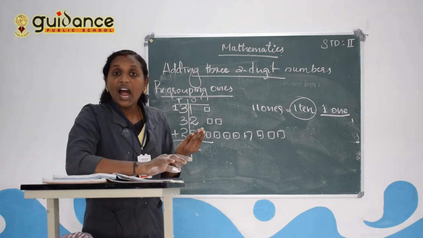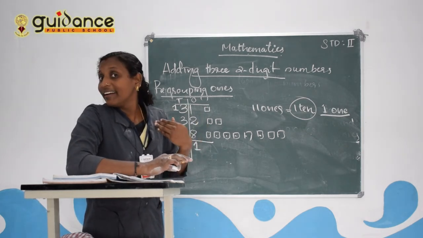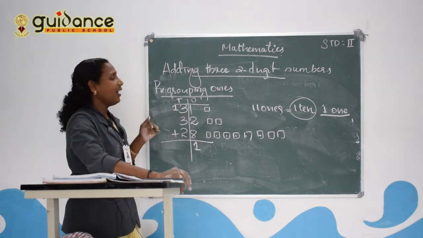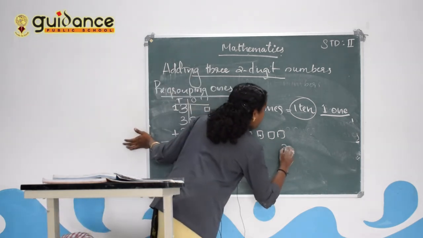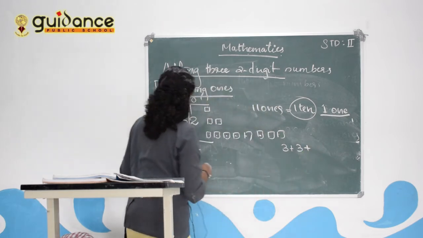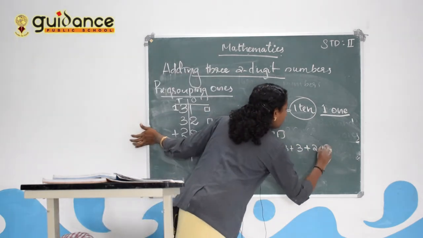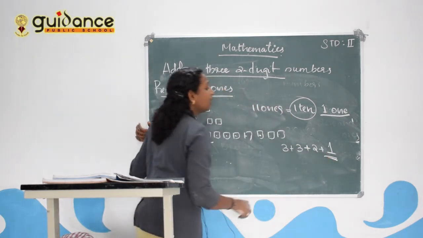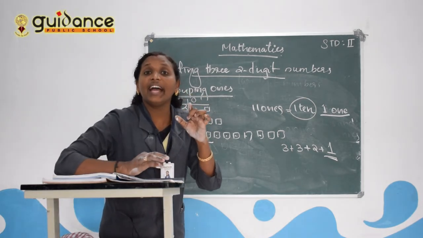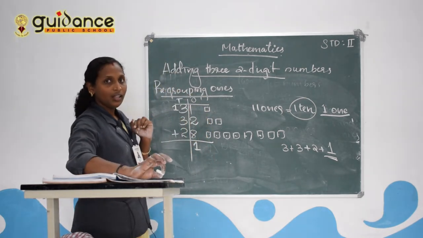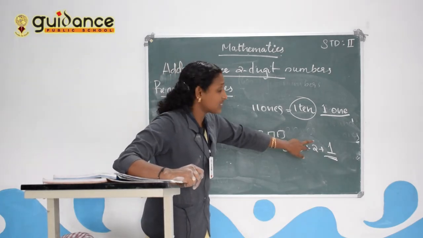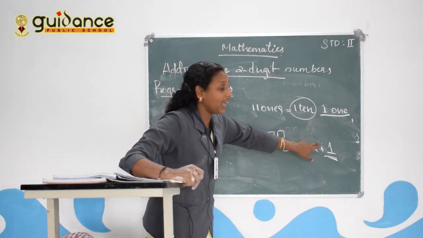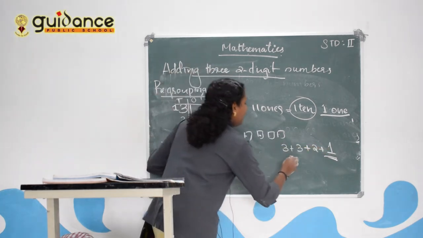Next, add the tens. That means 3 plus 3 plus 2 plus 1. What is 1? 1 is the carried over. Then all of you add 3 plus 3, 6. 6 plus 2, 8. 8 plus 1, 9.